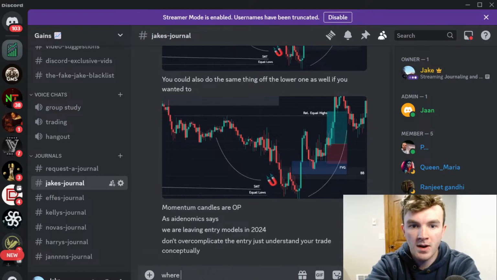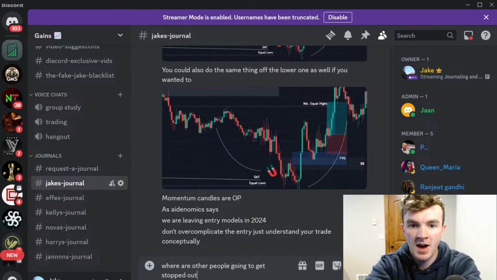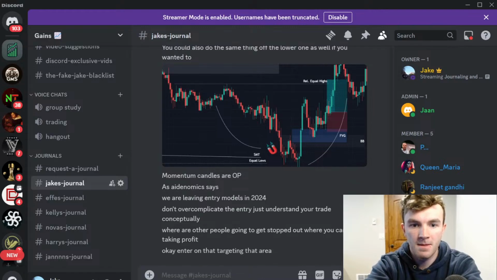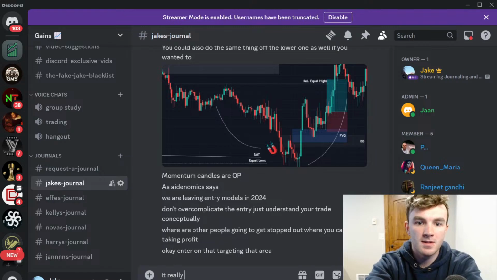Where are other people going to get stopped out, where can you be taking profit? Okay, enter on that, targeting that area. It really can be that simple.